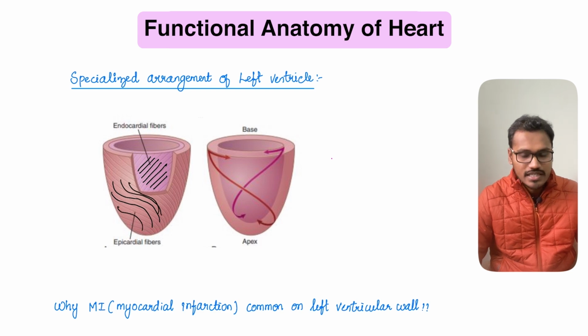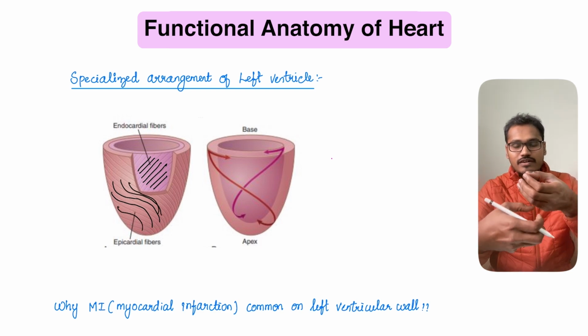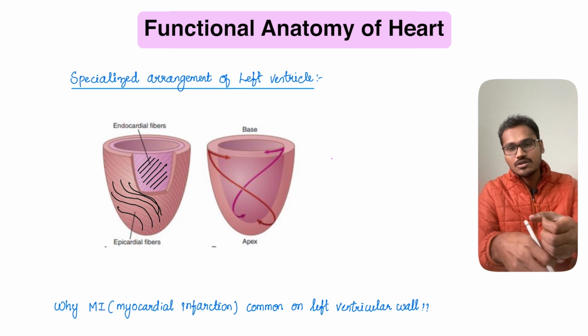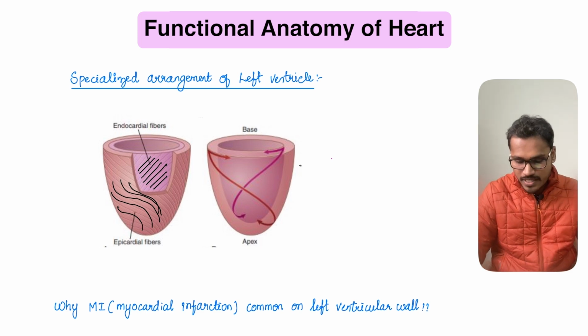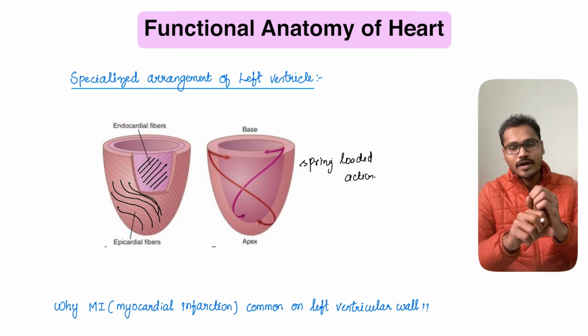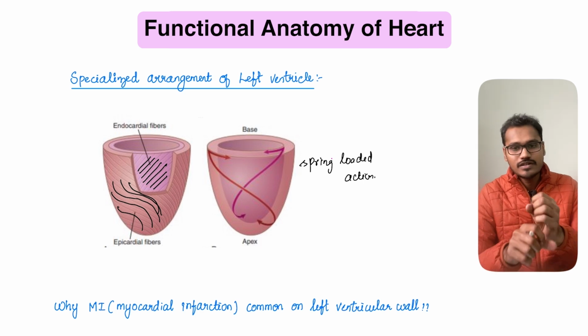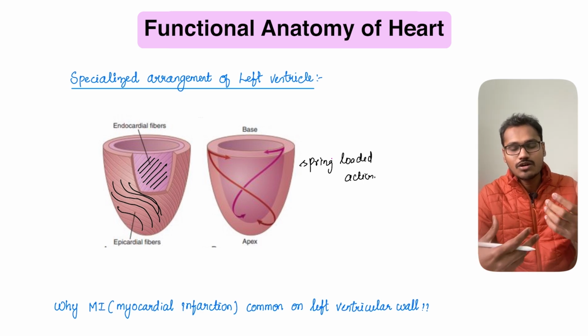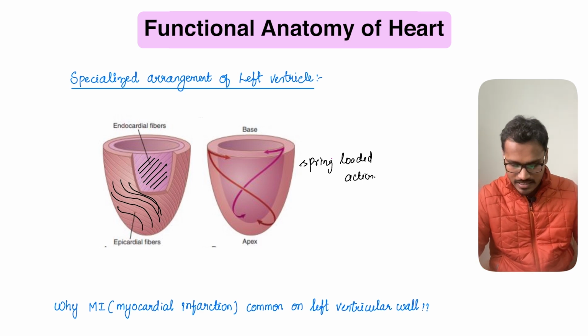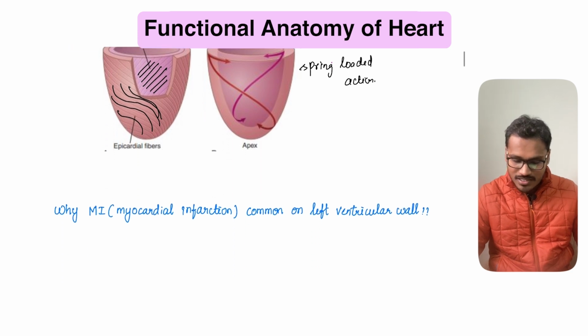So their orientation itself is different. Whenever they contract, they squeeze, like a spring-loaded action, and then send out the blood. The benefit is that when it recoils back, it can recoil at a much faster rate.